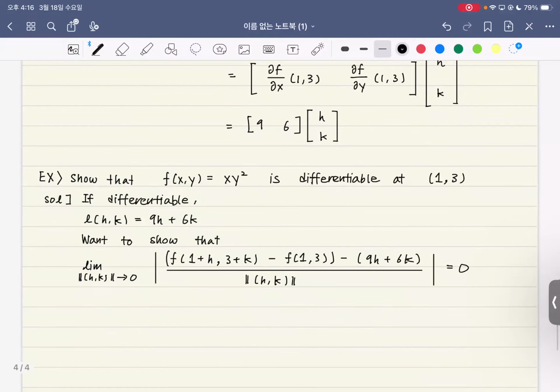I want to show this. So this is the limit of a two-variable function. I think I'm going to do some sort of epsilon and delta. Well, not exactly epsilon and delta, but I want to find a very nice upper bound of this, and if I can show that this upper bound is bounded by the length of this vector, I guess I'm done.